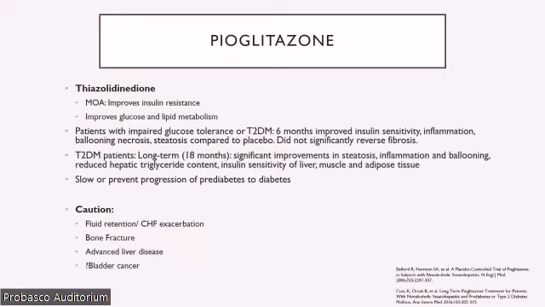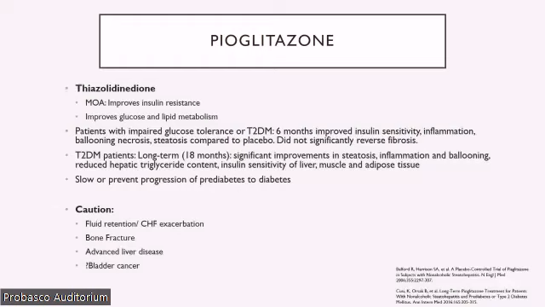And then finally, thiazolidinediones, a medication that we really have gotten away from in recent guidelines, has had a resurgence as far as treating NASH. We know that it can improve insulin resistance and improve glucose and lipid metabolism. So a medication that we typically didn't really want patients on, just because of fluid retention and increased risk of heart failure exacerbations, can be very beneficial in the right patient to help with some of this fibrosis and inflammation secondary to NASH.